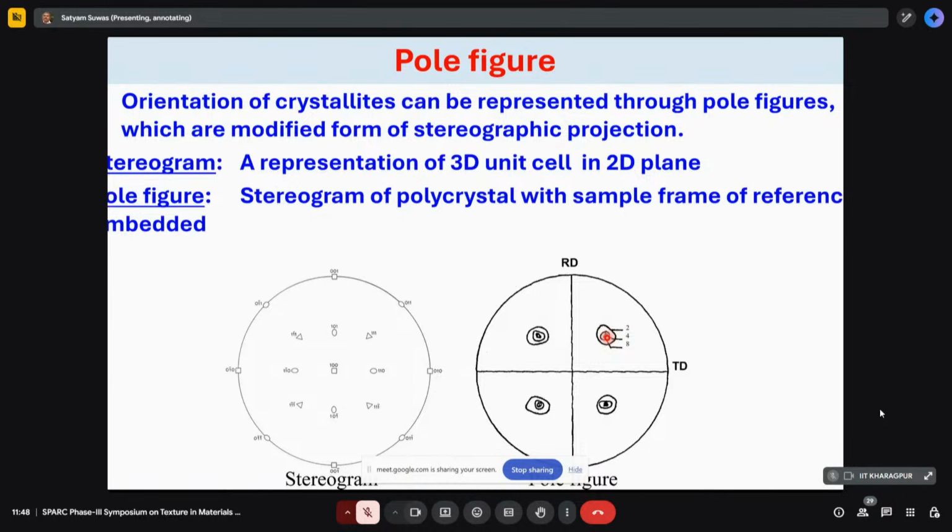Now these intensities require an explanation of where they come from. That probably will be in the next lecture by Professor Suresh, who will tell you about X-ray diffraction and the origin of these intensities. But here I am just telling you that all these orientations of planes can be concentrated at one location, and you will get some strong points.